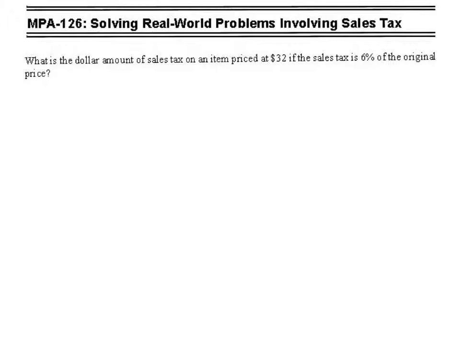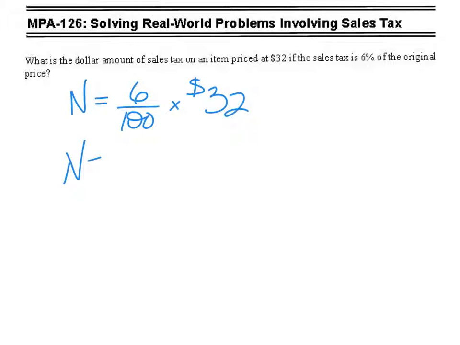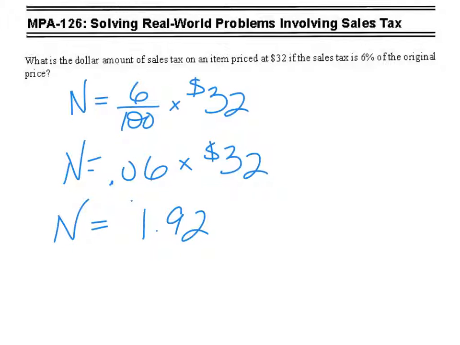So we want to find what number is 6%, so 6/100ths, of always means times $32. 6 divided by 100, and then we can type it in the calculator, and I get $1.92 is what you get to give to Uncle Sam.